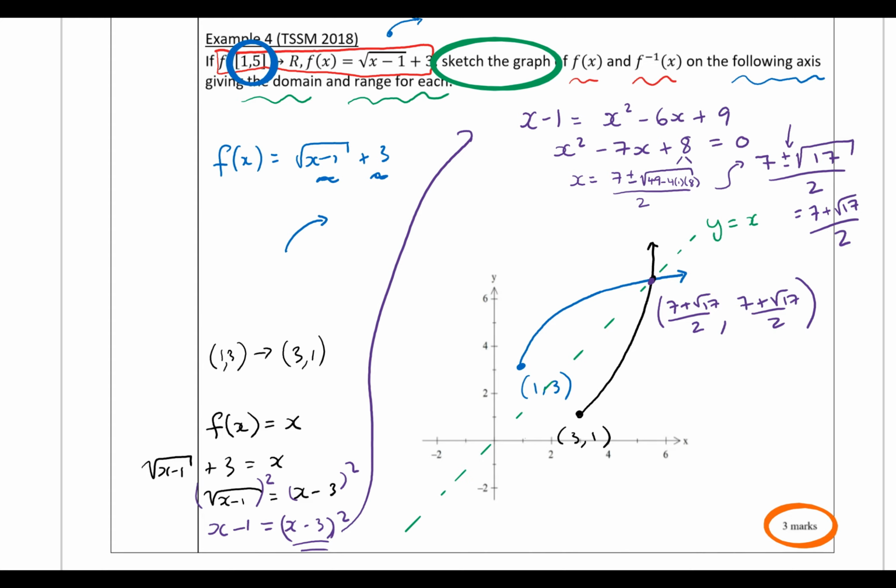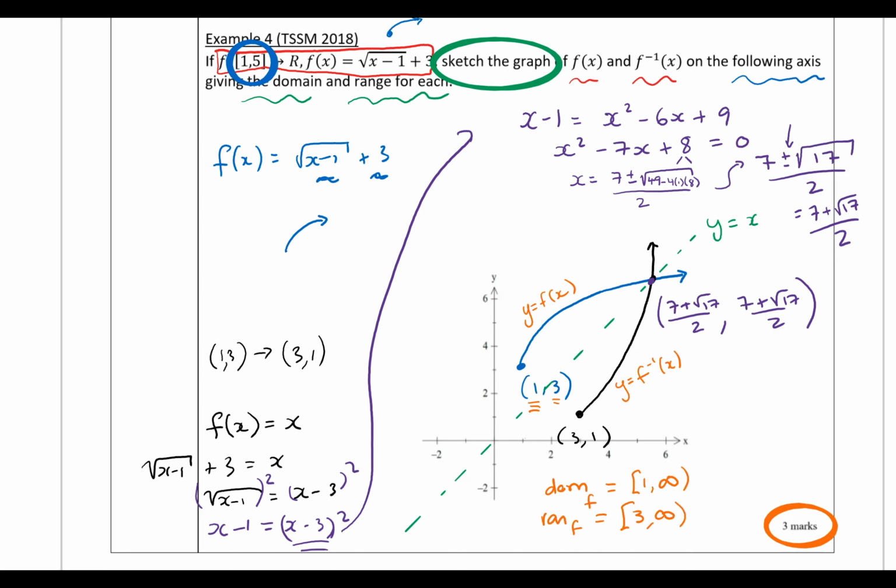So that's enough for 2 marks, but now I need to give the domain and range for each. So I'll say that this is y equals f(x), and this is y equals the inverse of f. And so my domain for f is going to be 1 to infinity. My range for f is going to be the lowest y value, which is 3, to infinity.